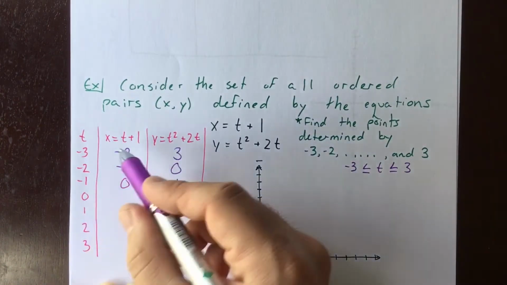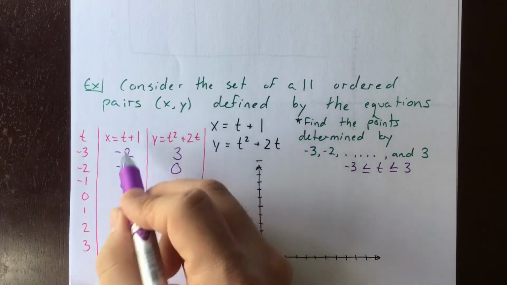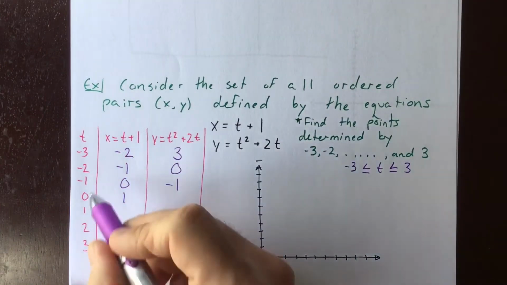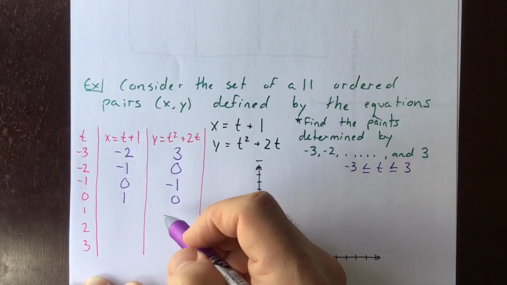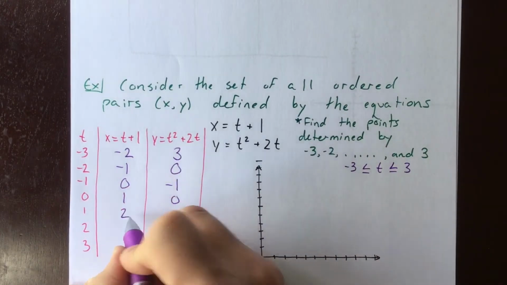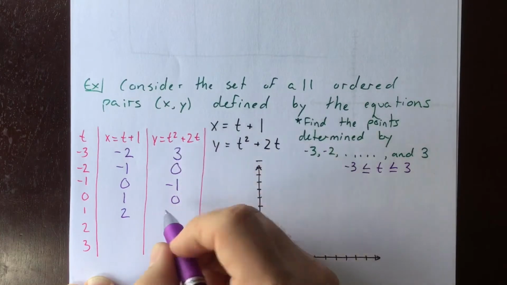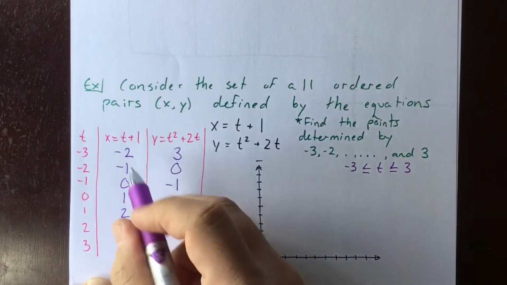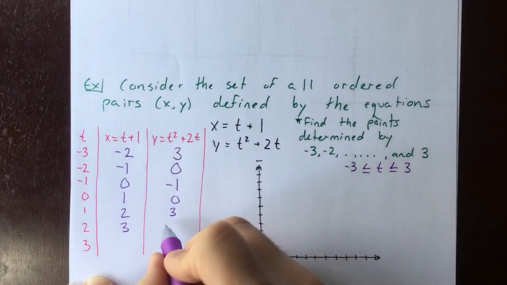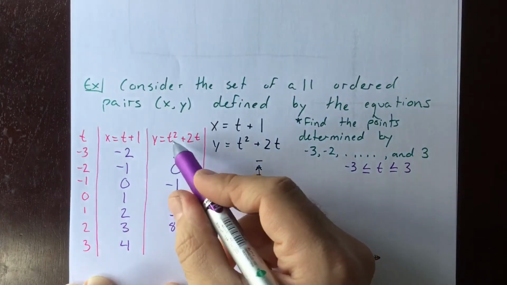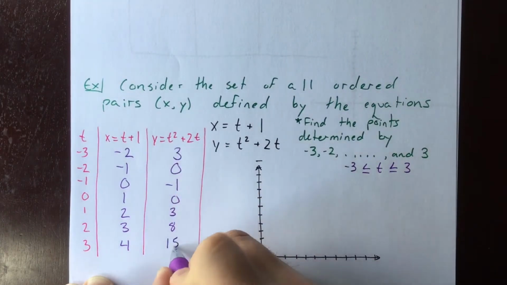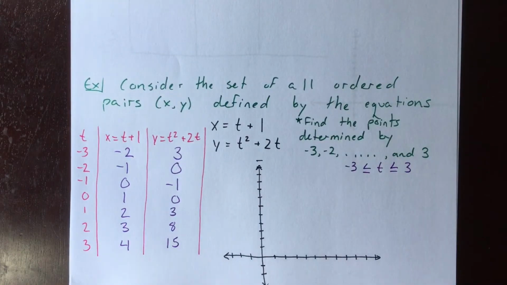But back to our table. Plugging 0 in, we get 0 plus 1, which is 1, and then 0 plus 0 is 0. So just do this real quick, go through this. Okay, so now we just plot them, and that's it.